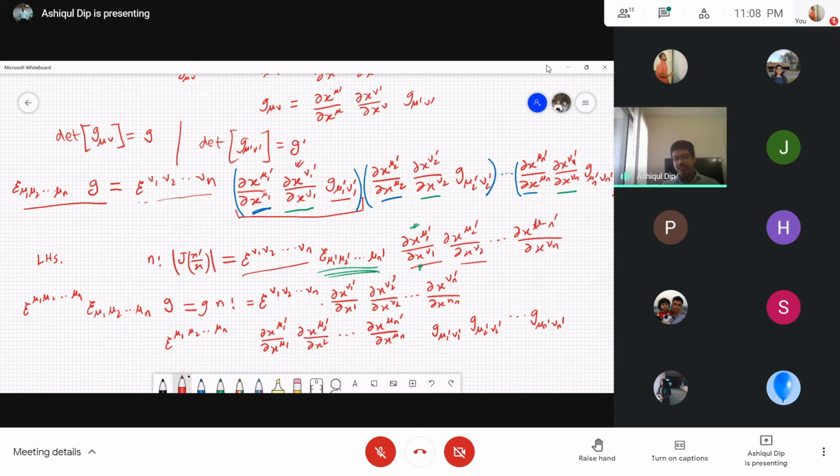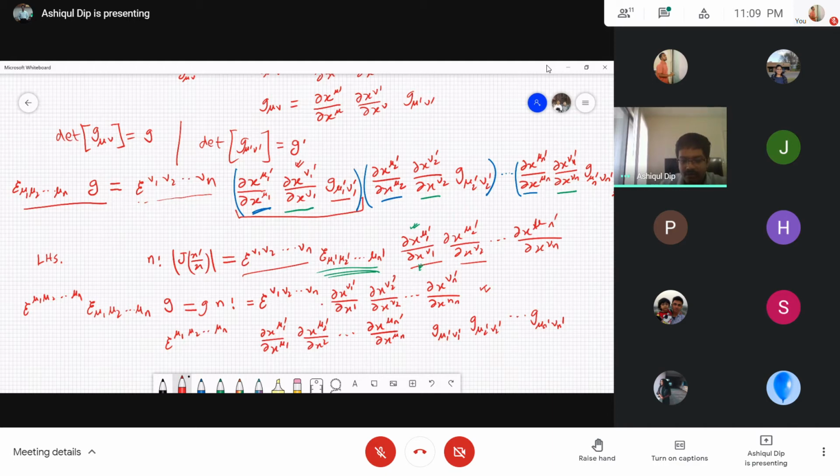So I have multiplied both sides by E upper mu1, mu2, mu n, and this is what I get. So this part is almost starting to look like the expression of the Jacobian determinant, right?